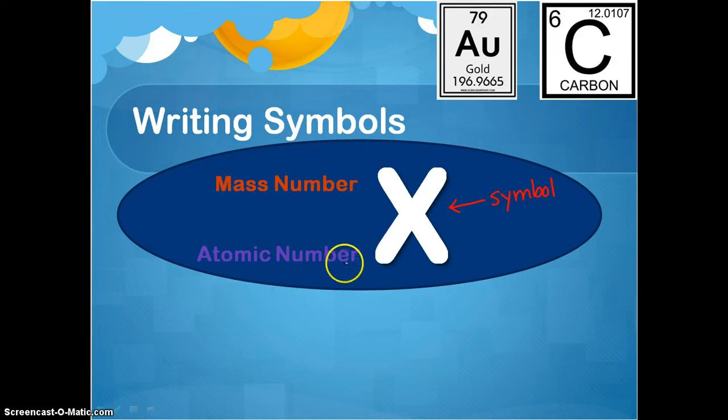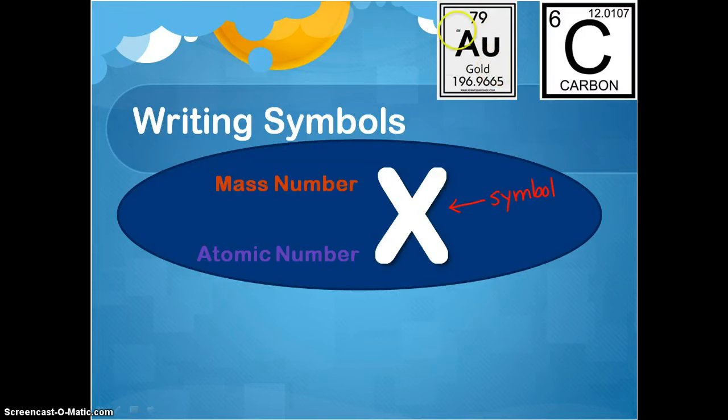The first one is the atomic number, and the second piece of information is the mass number. Now in our top upper right hand corner, we've got two elements here. One is gold, the second one is carbon, and these are what you would typically see on any periodic table.